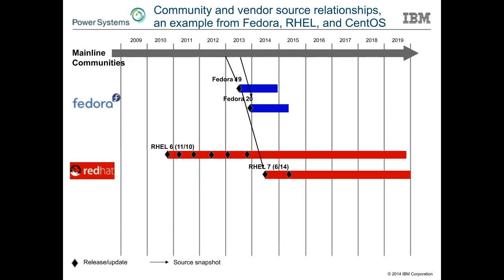It's not identical, and if you talk to the Red Hat folks or even the SUSE folks, they won't tell you that just because something's in openSUSE or Fedora, it makes it into SLES or RHEL. But reality is they start with a code base somewhere, and they don't usually go back to mainline here. They base it on something that's already been tested. So in this example, the Fedora 19 base really helped feed the RHEL 7 base.